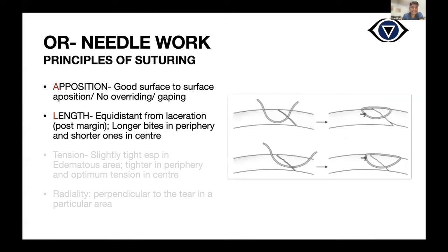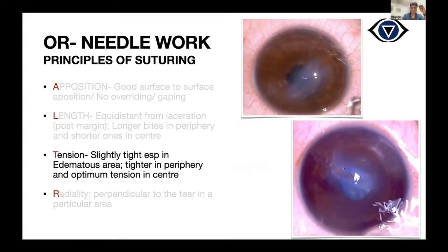In the lower half, in the last photograph, you can see that although on the surface it will look like it is unequal distance from the wound, actually from the posterior margin, it is almost equidistant. Because if we do it from the anterior margin, there can be overriding or gaping. So it is important that the length is equidistant, but from where? From the posterior margin, the exit of that particular laceration.